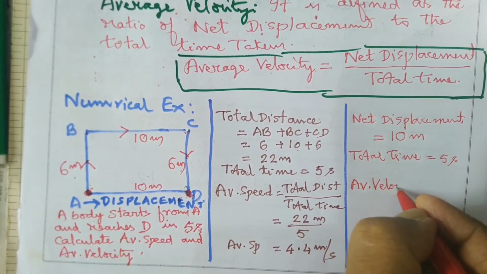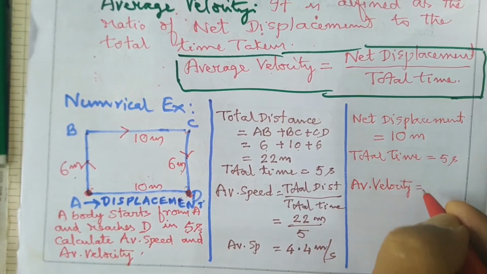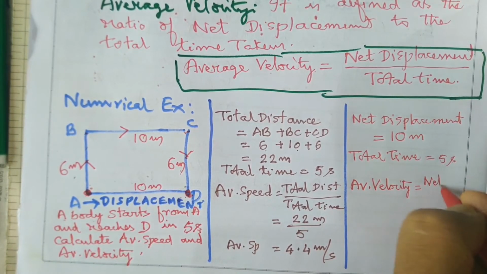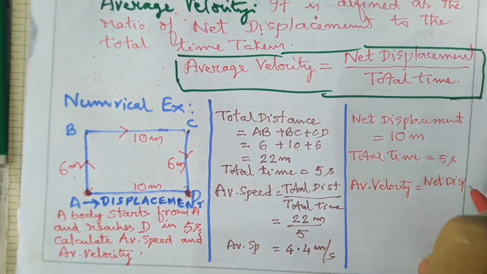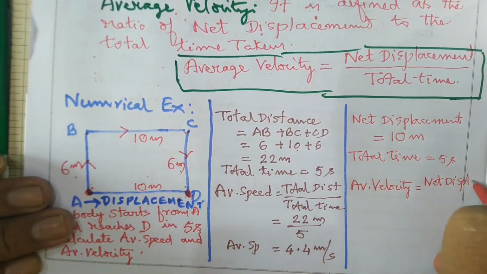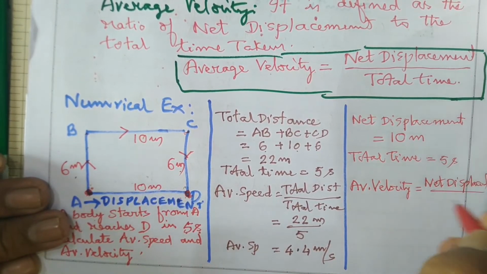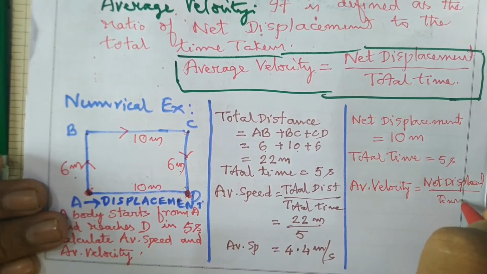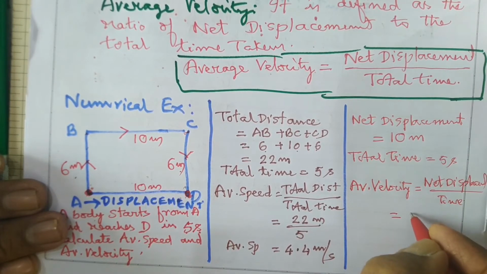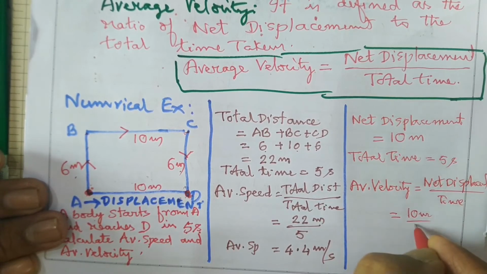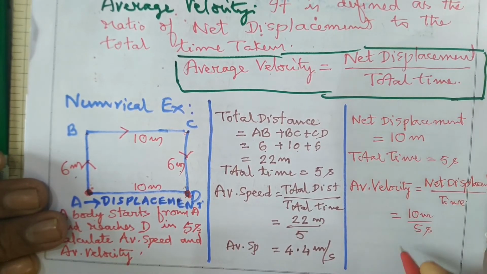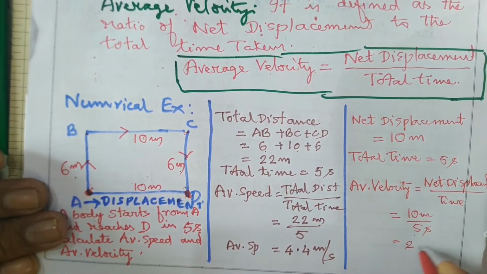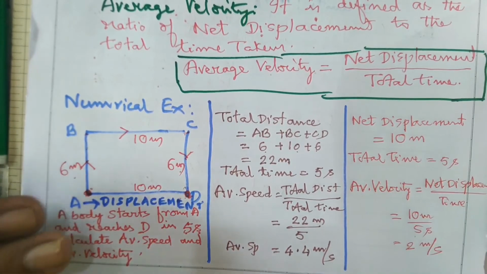Average velocity is net displacement divided by time taken. Net displacement is 10 meter by 5 seconds. You know very well 10 divided by 5 is equal to 2 meter per second.